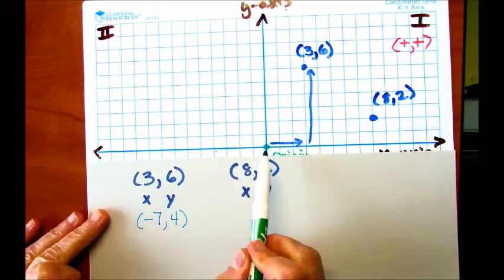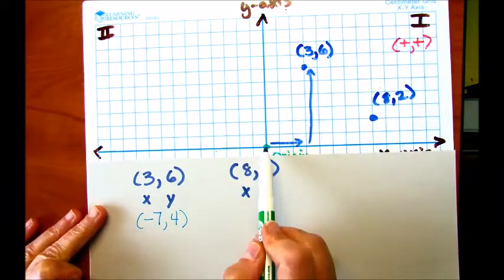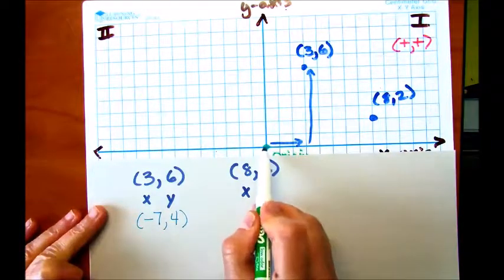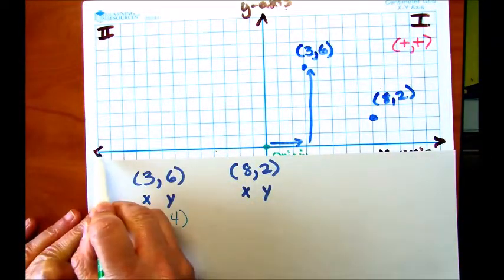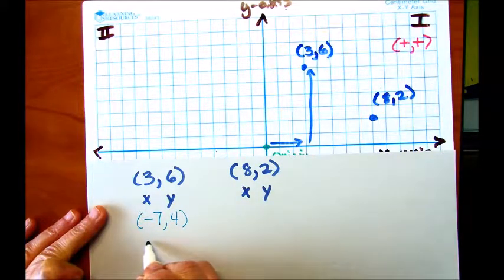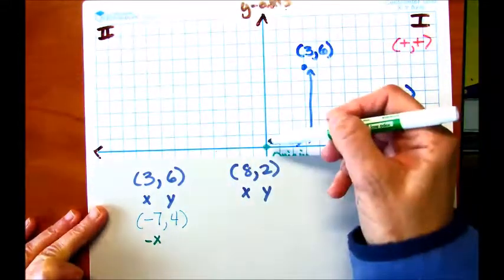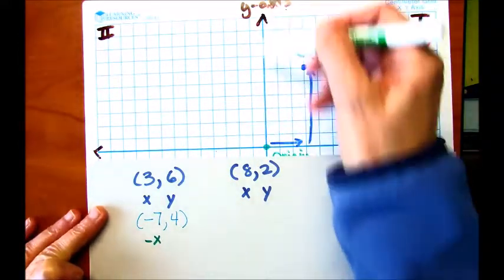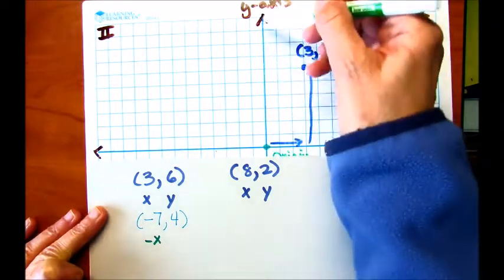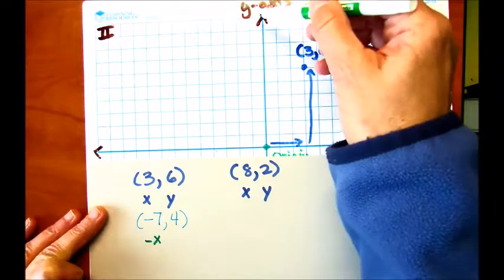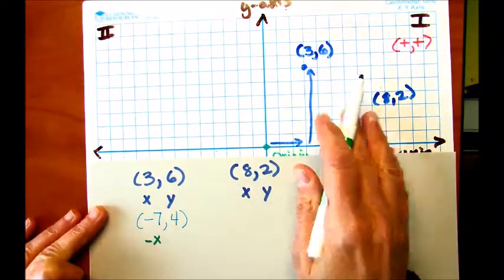Now notice we're going to start with the x, and if we're focusing on quadrant 2, all of our x values are going to be negative, and that's why we have a negative x here. But everything in here is also going to have y values, and our y values are going to continue to be positive numbers, just like quadrant 1.